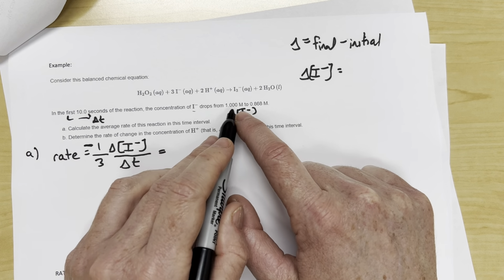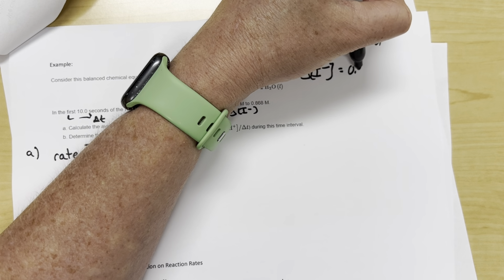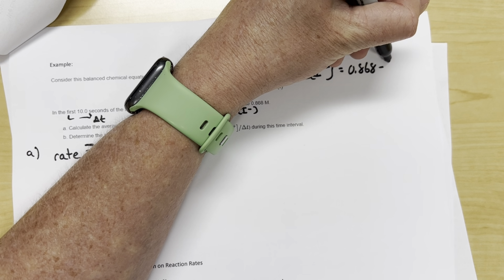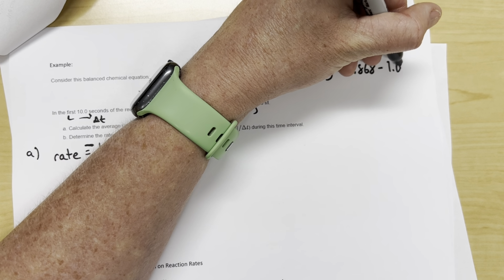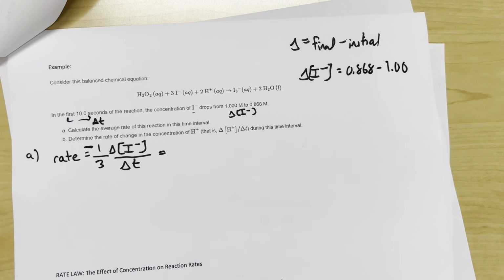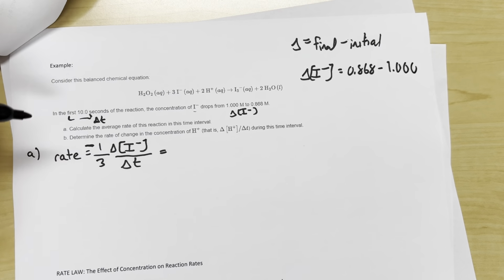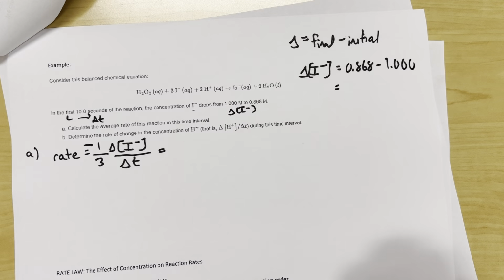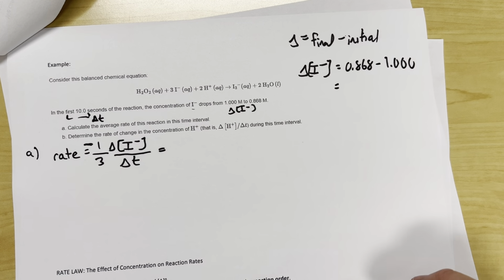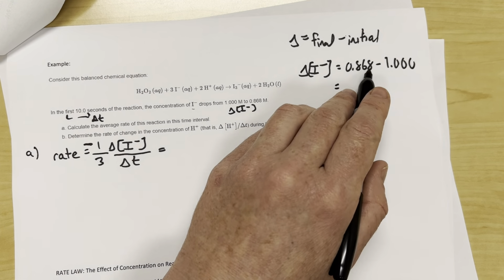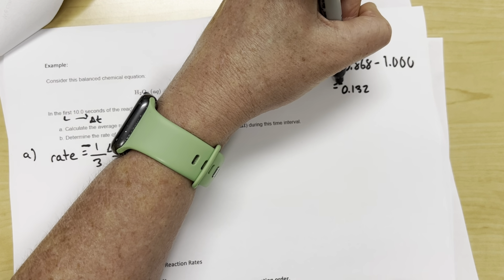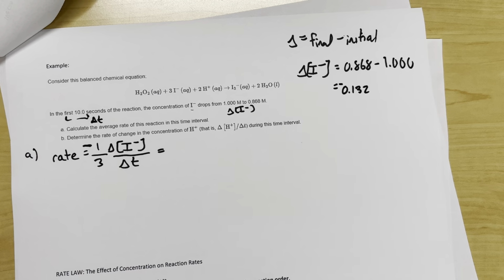It started at 1, it dropped to 0.868 minus 1.000 specifically. That is our change in concentration. So what is that? 0.132. I'm doing it in my head. Negative 0.132, I hope.